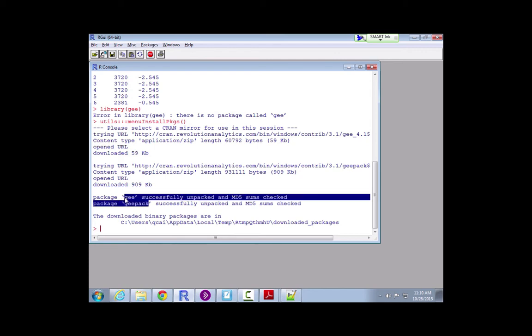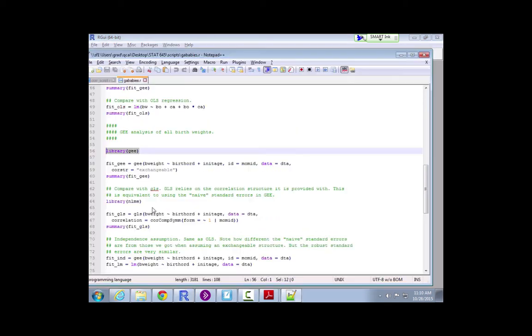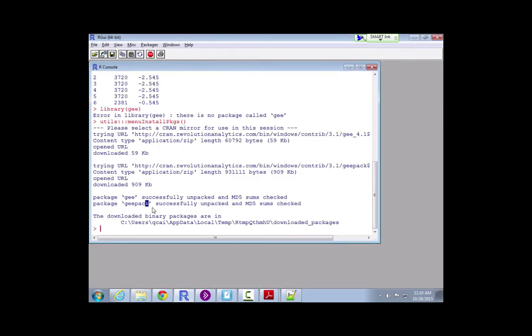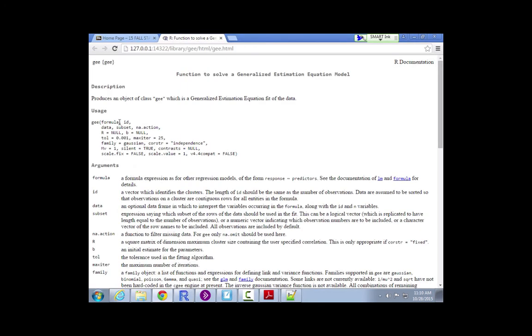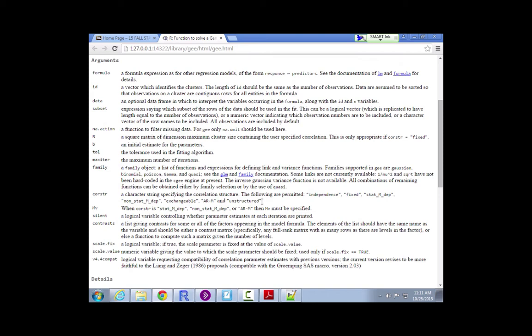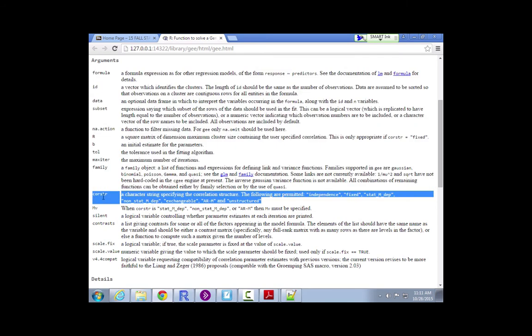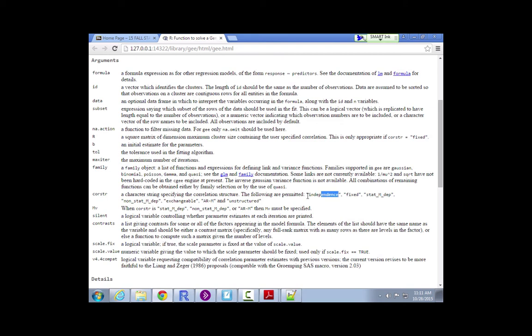We're going to use both of them, gee and geepack. Let's library in gee. The main function is called gee. You specify a formula just like in lm. You have to tell it where the individuals are, so give it an ID variable, and then you have to tell it what the correlation looks like, or it's going to make an assumption for you. By default, it assumes no correlation, so if that's your case, you might as well just do lm. Your choices are listed down here under the documentation for that argument. There's independence, which again, just do lm.